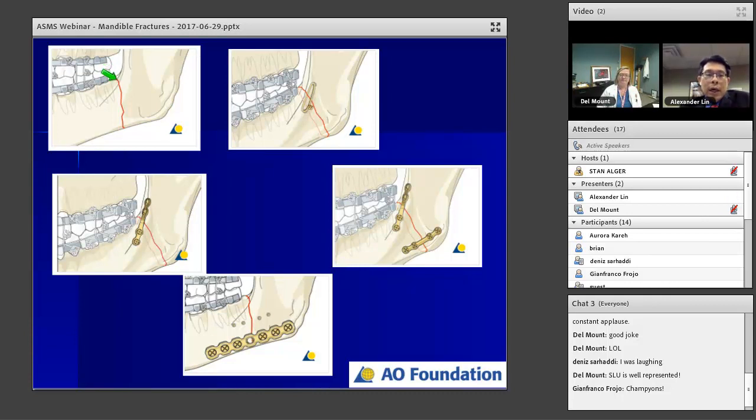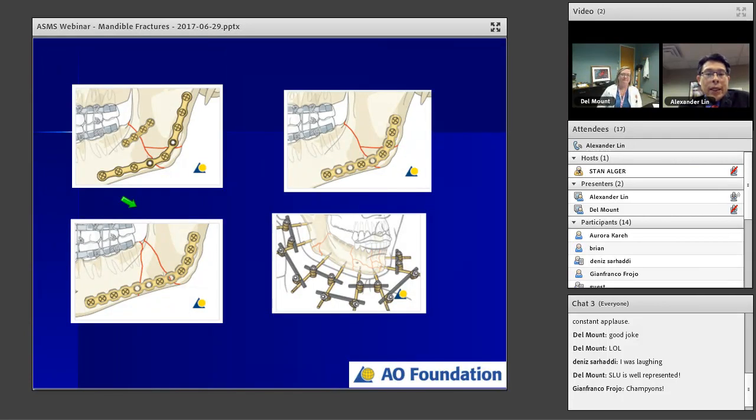But regardless, I think a very accepted solution would be this, can you see the green arrow, for an uncomplicated angle fracture, or even angle bordering on ramus fracture. We just did one actually yesterday. And then here for a comminuted fracture, you can put a mini plate and then a mini plate on the body too, an inferior border plate.